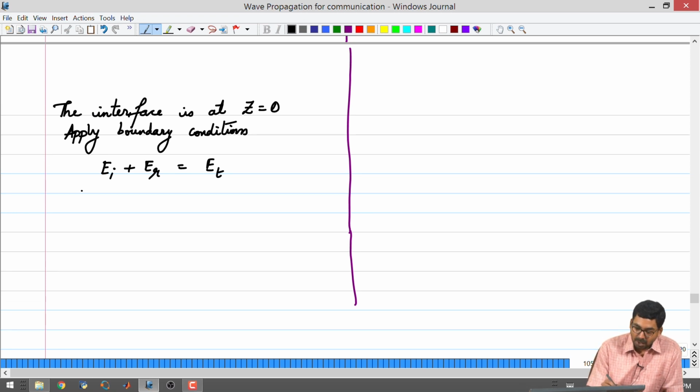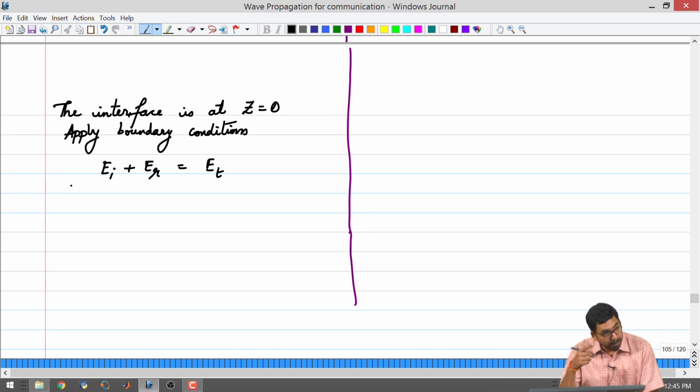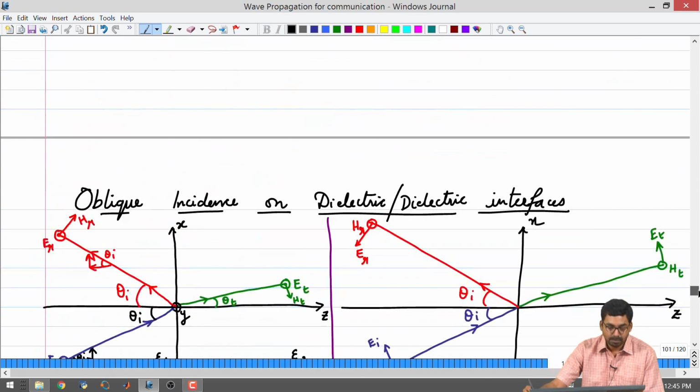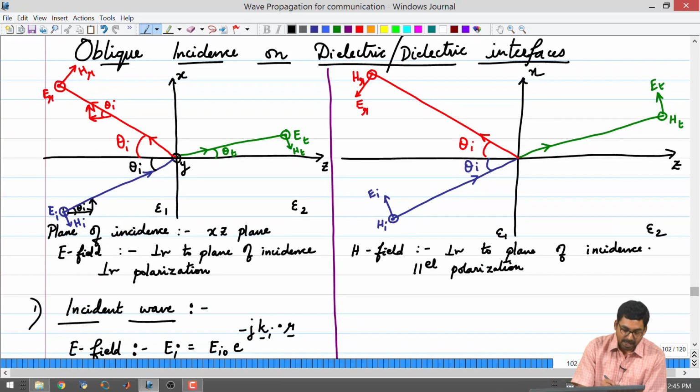And for the magnetic field we have to take the tangential components and then we have to see that it is continuous. So, we have to go back to the diagram. Okay. Now, our HI is looking like this. For the sake of some clarity, I will mark another HI here, right, and I need to take the tangential component.